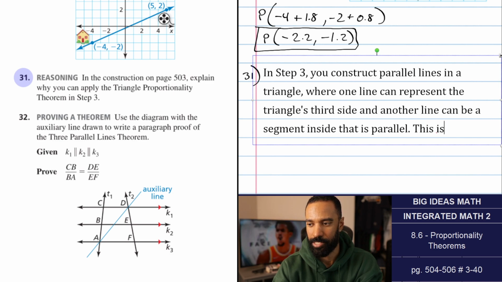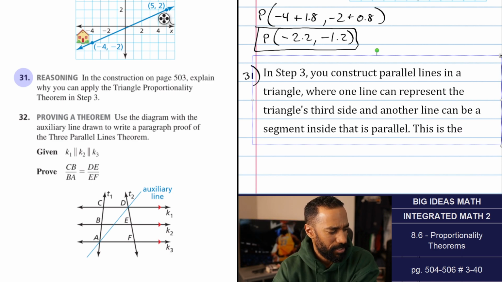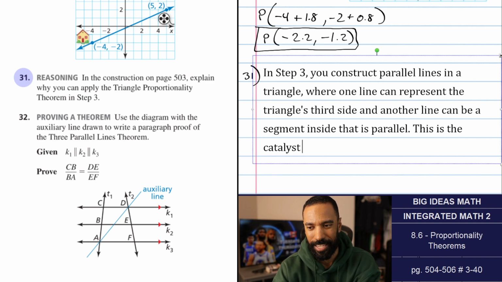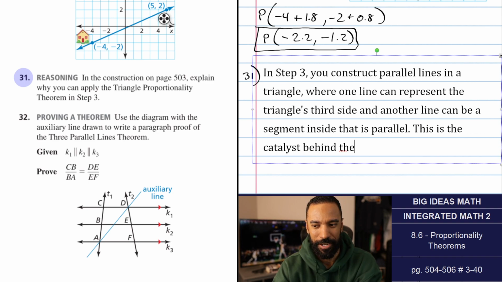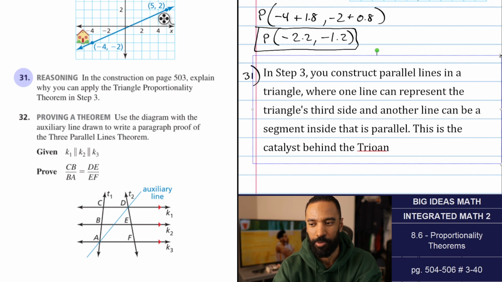This is the concept. This is the catalyst. I guess catalyst is the word behind the triangle proportionality theorem. You first need this to be true before you do anything else.